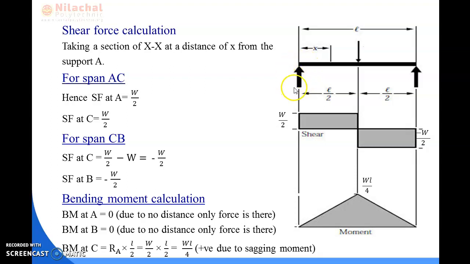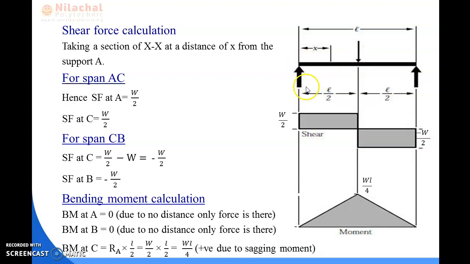First of all, here is one reaction, which is RA, so only one loading condition is there. To calculate the bending moment at point C, we need to multiply this loading condition into the distance between here to here, then we can get the value of bending moment at point C.